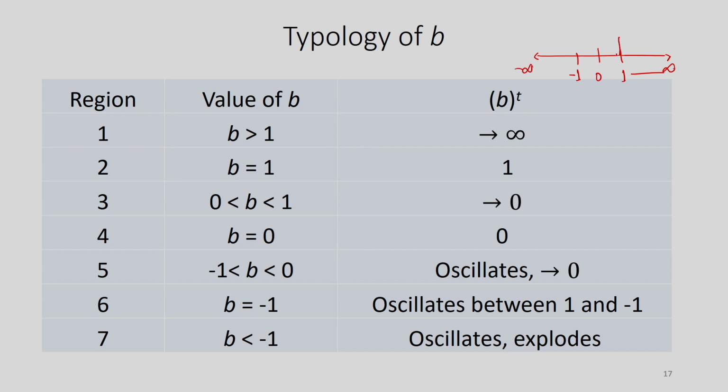It can be exactly equal to 1. It can be between 0 and 1. It can be at exactly 0. It can be between 0 and minus 1. It can be equal to minus 1, or it could be less than minus 1.